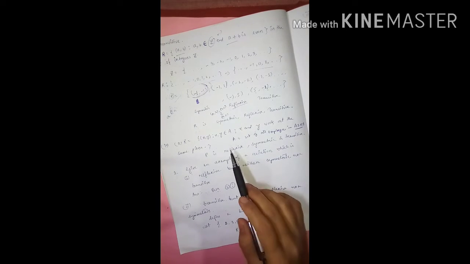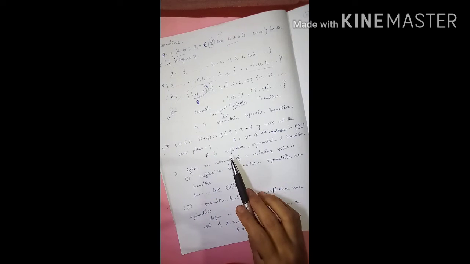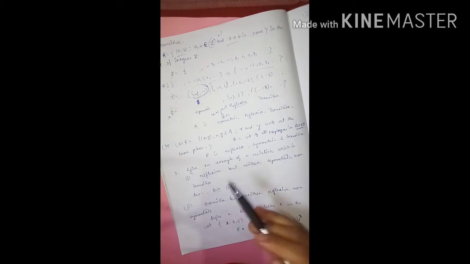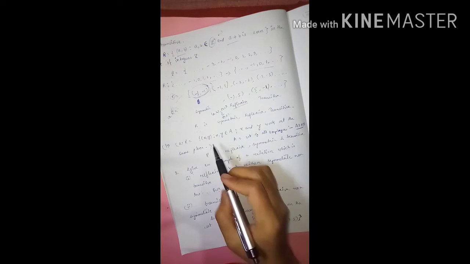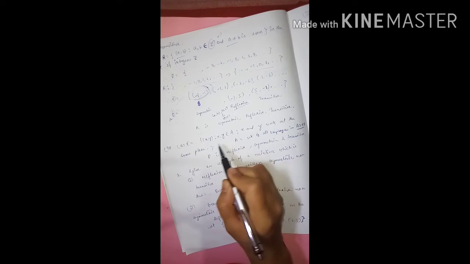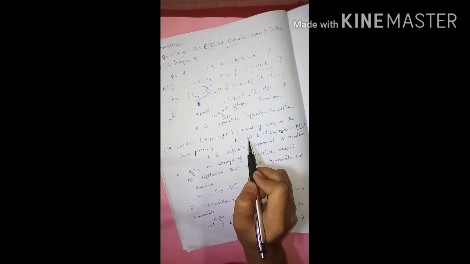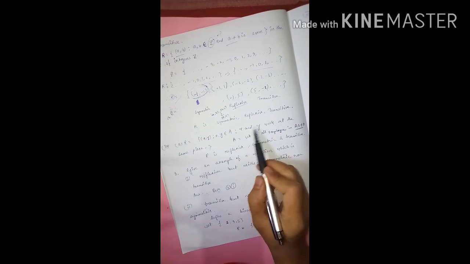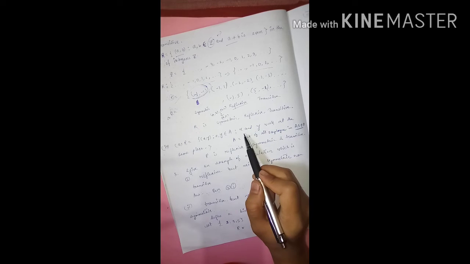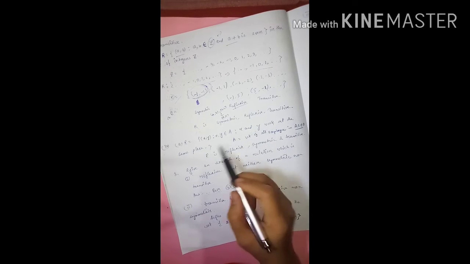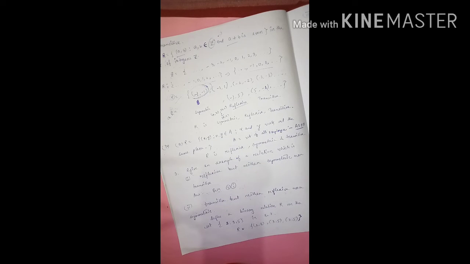Now this is very obvious. I have not written down the solution, but I'm going to explain it. Relation R is such that (x, y) belongs to this set. That means x and y are employees, and the relation is defined as x and y work at the same place. They both work at the same place.